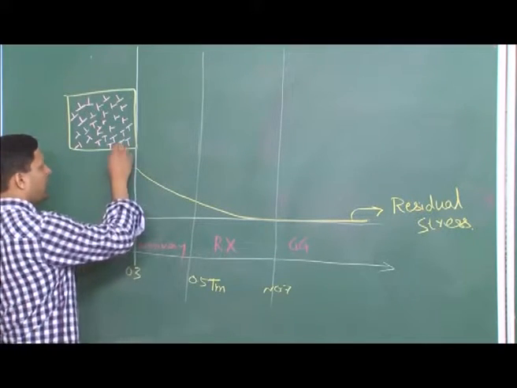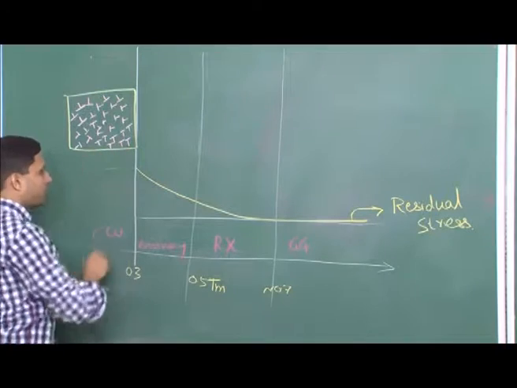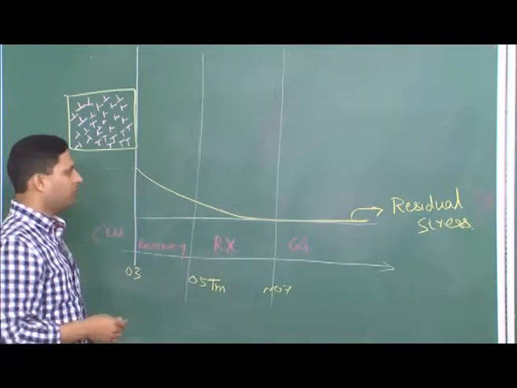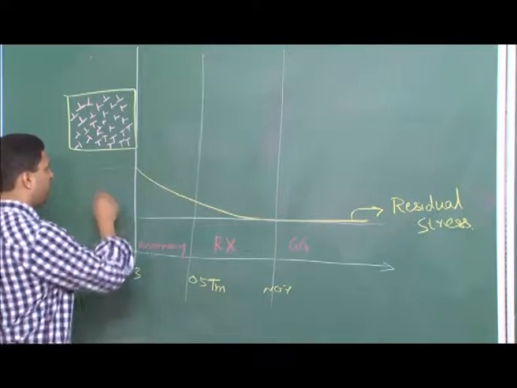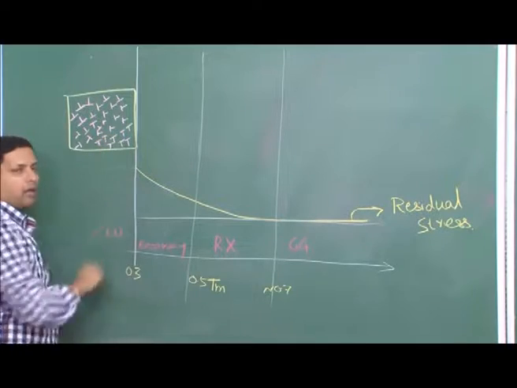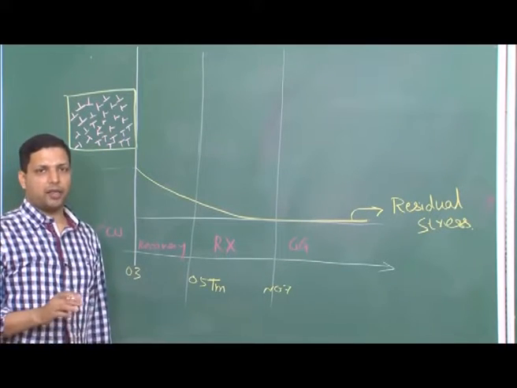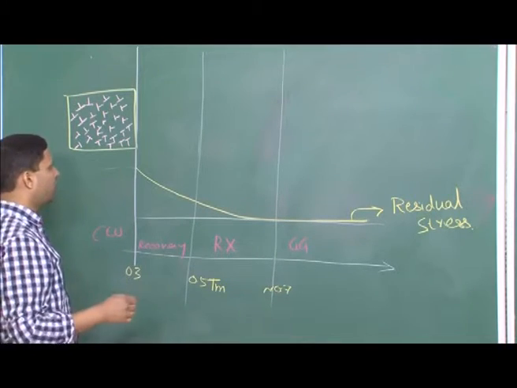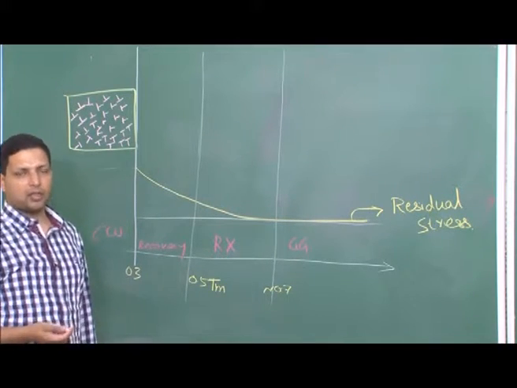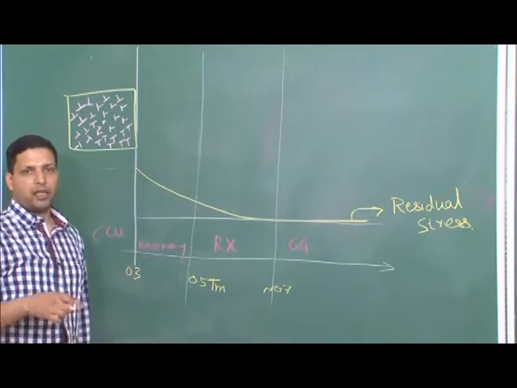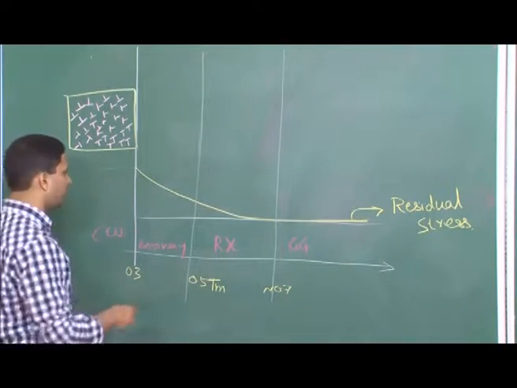So, there are several aspects to cold working, positive and negative, and we will look at them separately, but for now from this figure alone what I am trying to convey is that you will have dislocations randomly distributed, because of which there will be high strength and low ductility, and there will be high residual stresses, because of which the material will again have limited ductility and some deleterious properties.